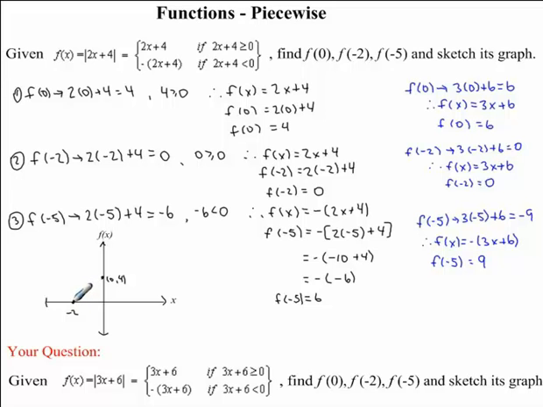So we have this point here, -2, and our y is 0. Lastly, we evaluated when our x was equal to -5, our value of our function was 6. So we know that this is going to be a point somewhere here. I'm just going to estimate somewhere here.